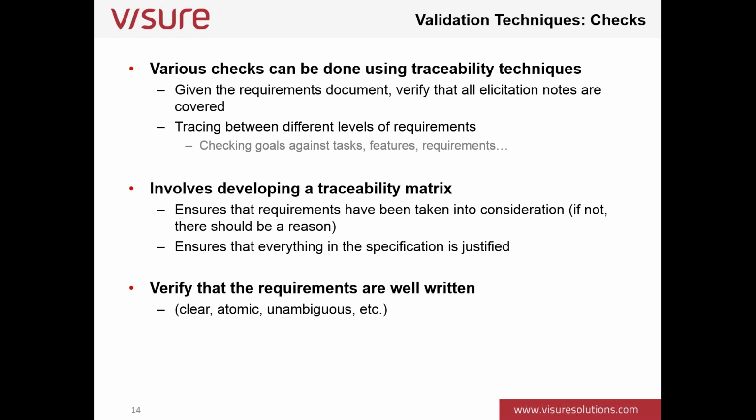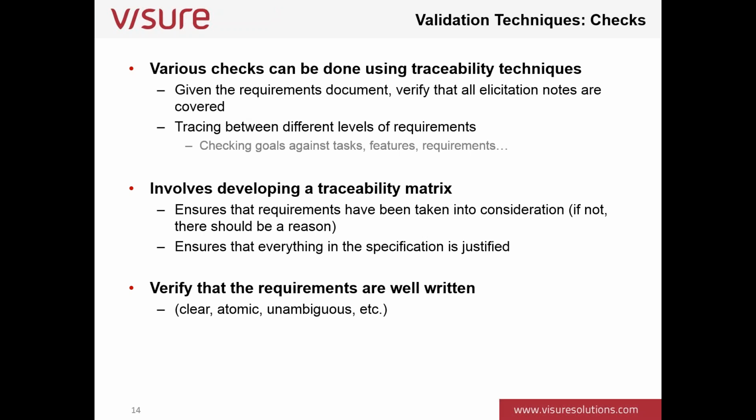Also, checking traceability between different levels of requirements. For example, we may have a user requirement, which is the high-level requirement, and a system requirement, the low-level requirement. We have to validate that every single system requirement is coming from an authorized source, usually a high-level requirement, a user requirement. Not necessarily all of them must come from there, but we have to check that traceability. We also have to check that all the user requirements are being covered by low-level requirements, things like that. So traceability is really important here.